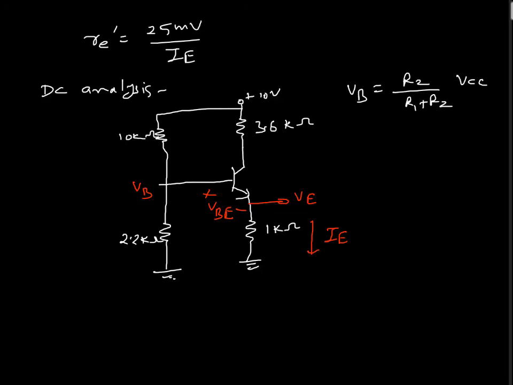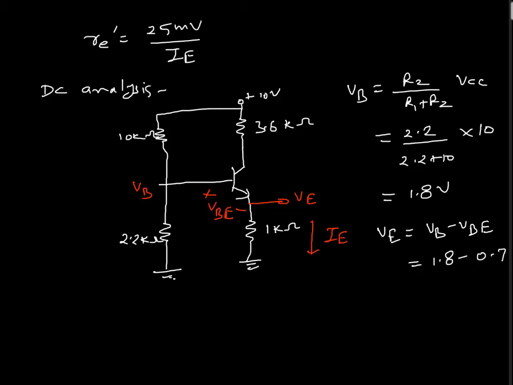So R2 is 2.2 kilo ohm divided by 2.2 kilo ohm plus 10 kilo ohm into VCC, which is 10 volt. If we solve this, we will get 1.8 volt. So we know the value of VB. Now what is VE? VE is VB minus VBE, which is 1.8 minus 0.7, 1.1 volt. Okay, so this is the value of VE.